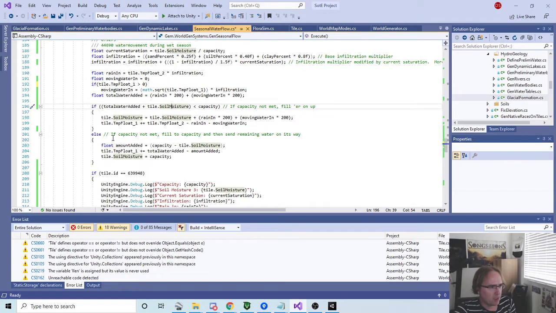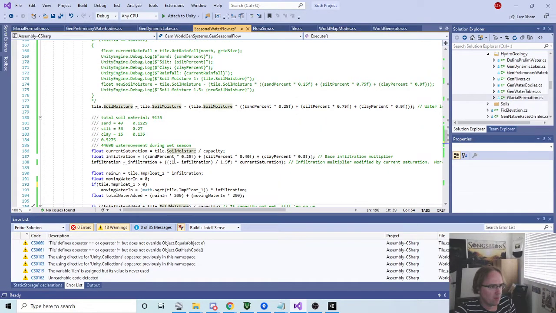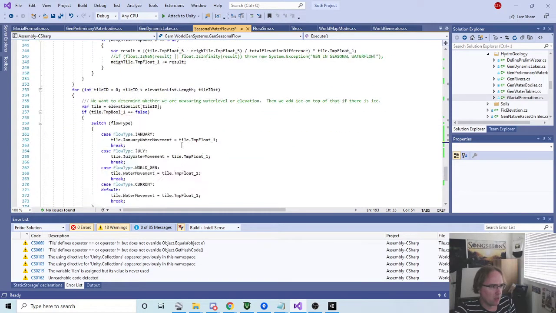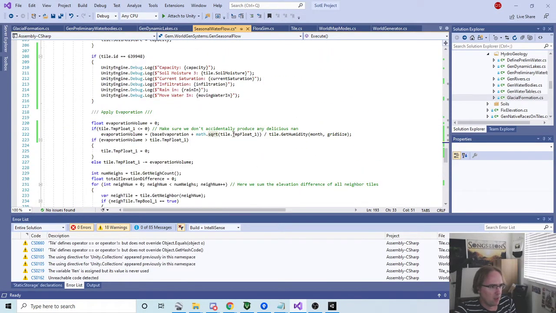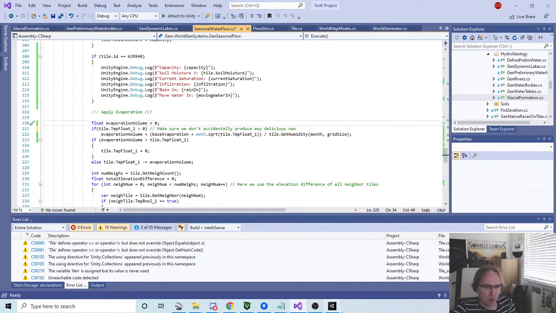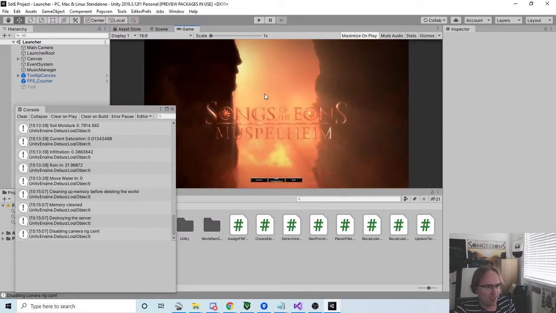You know, I may have made a second mistake now that I think about it. Where was my other square root check? Evaporation? Right. So, the reason I fixed the bug was because I just completely deactivated the calculation entirely.